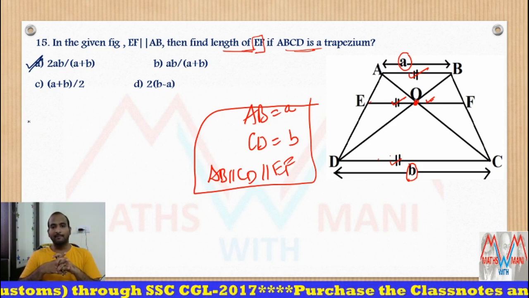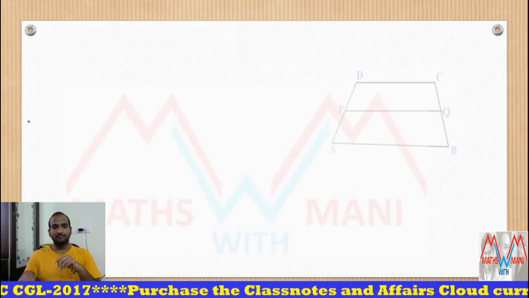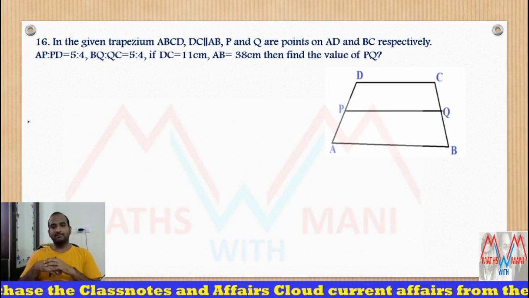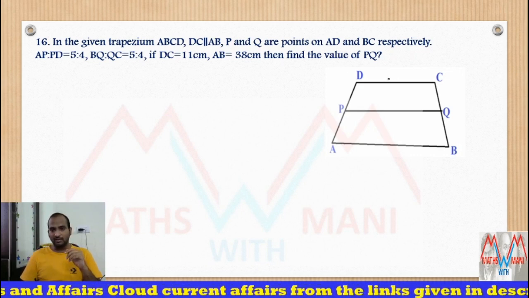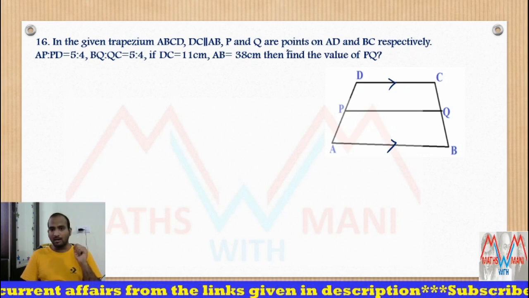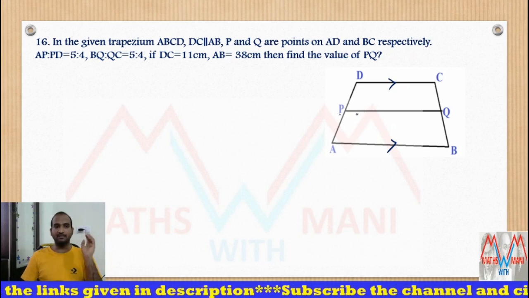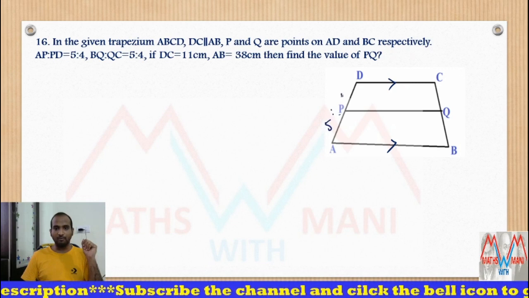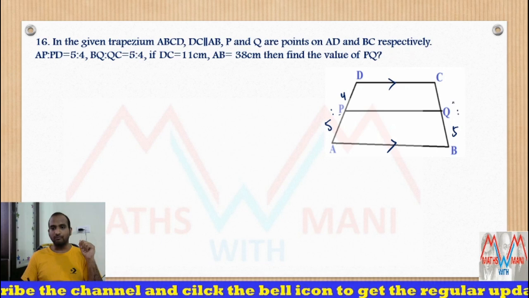Okay, and the next one, question 16. In the given trapezium ABCD, DC is parallel to AB, so these two are parallel lines. P and Q are points on AD and BC, and the ratio of AP is to PD is 5 is to 4, and BQ is to QC is also 5 is to 4.